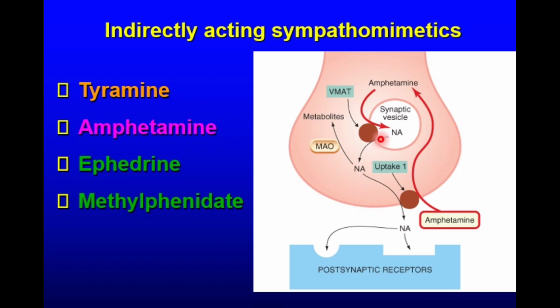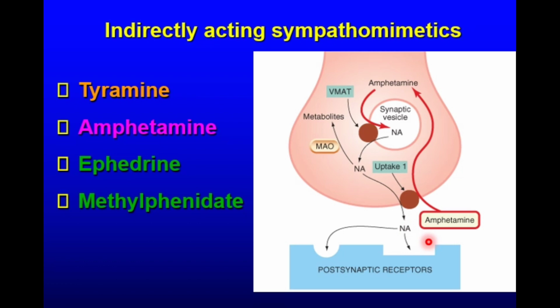Noradrenaline escapes into the synapse via uptake 1 transporter. Amphetamine is an inhibitor of monoamine oxidase. Therefore, a high proportion of displaced noradrenaline escapes from the neuron and activates postjunctional adrenoreceptors.